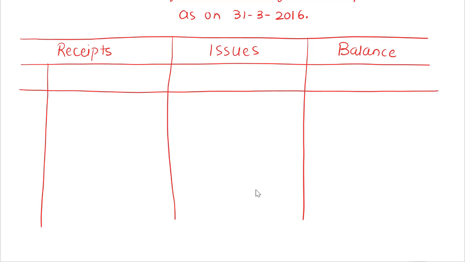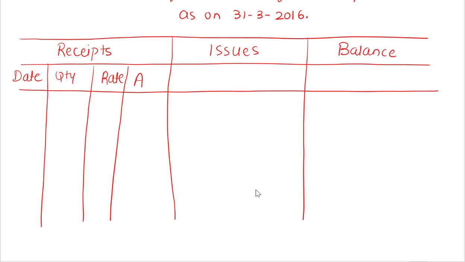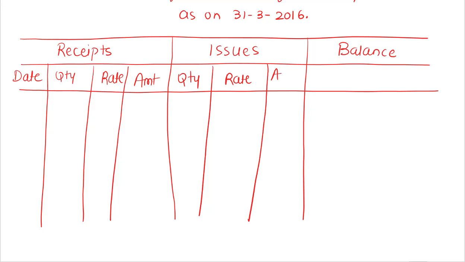Four columns inclusive of date, quantity, rate, amount. Then quantity, rate, amount. Over here also, quantity, rate, and amount.